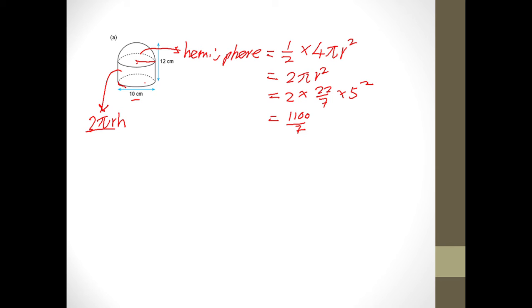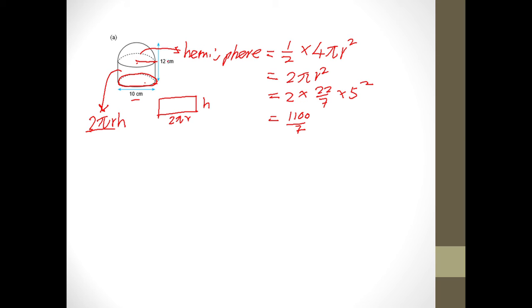You can see this 2 pi r actually calculates the length of this circumference. When you open up this cylinder, you will get a rectangle, and this 2 pi r is here when you open up, and then the height of the cylinder. So the problem is how we're going to get the height of the cylinder.